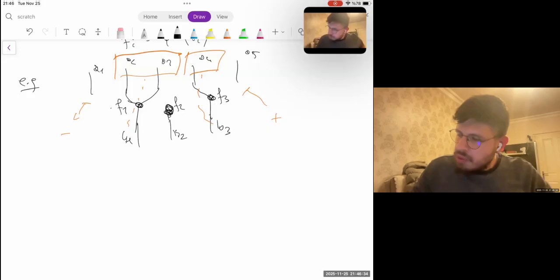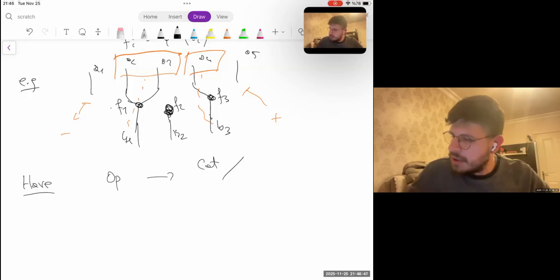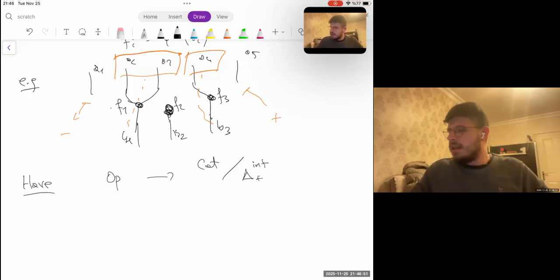So we have the functor from operads into categories which are equipped with a functor into this category that we created previously.